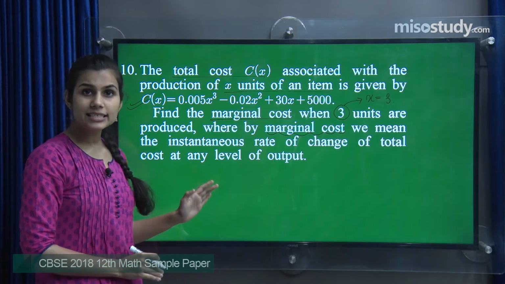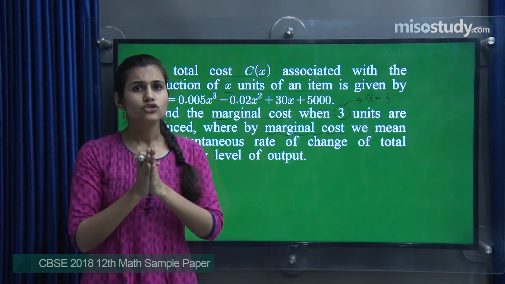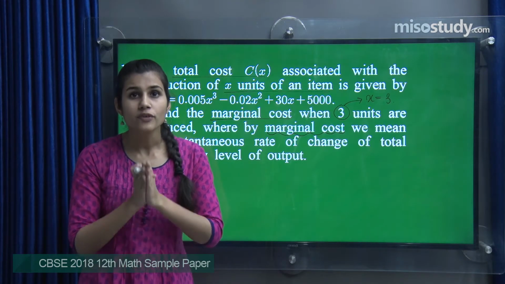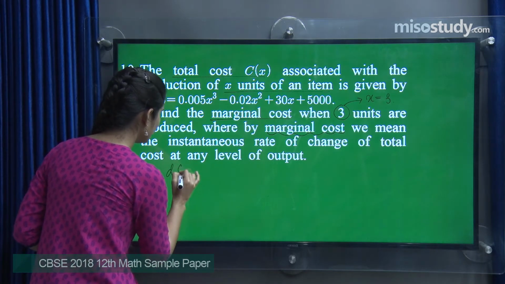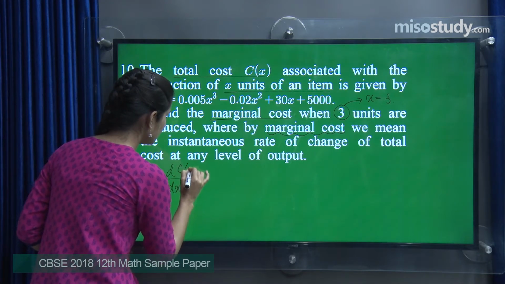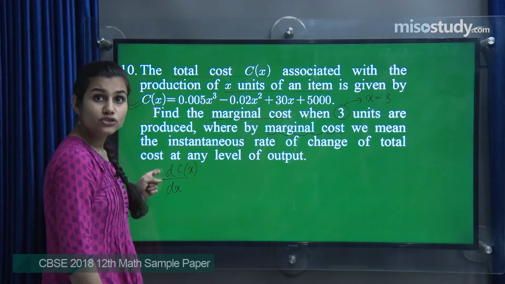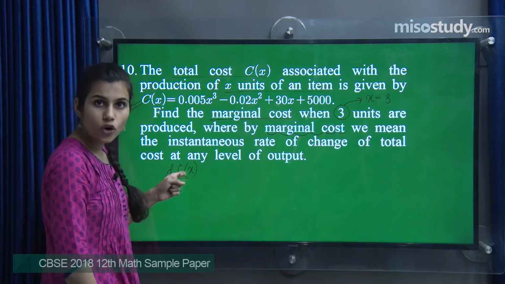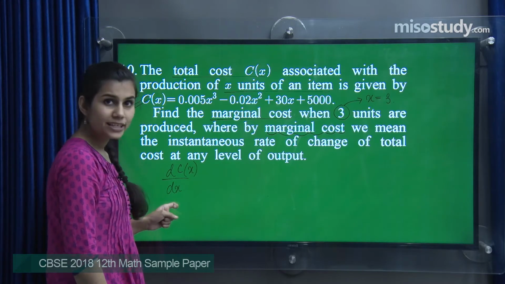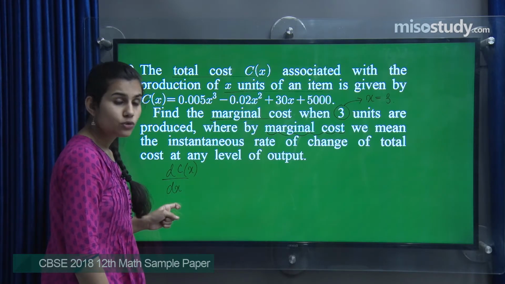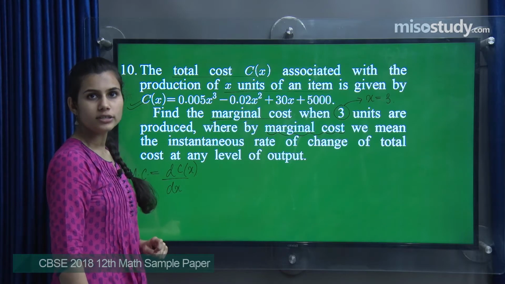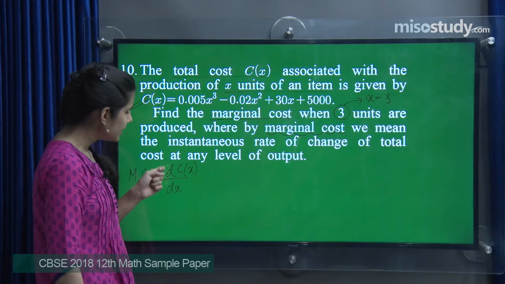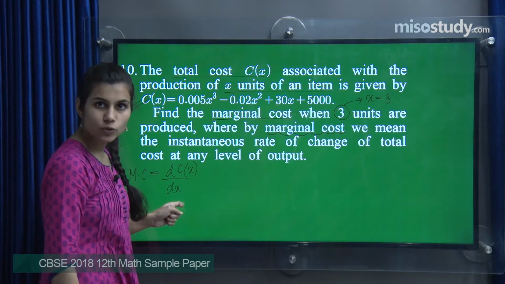The moment that is clear to you, you have to just interpret that in the form of a mathematical equation. What did I say? The rate of change of total cost with respect to the outputs produced is your marginal cost.